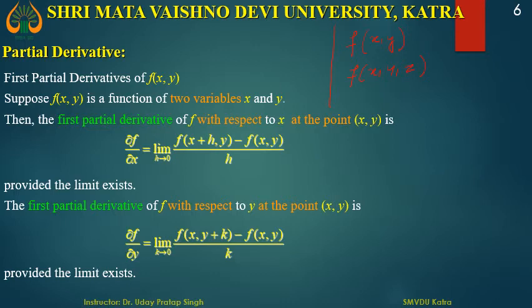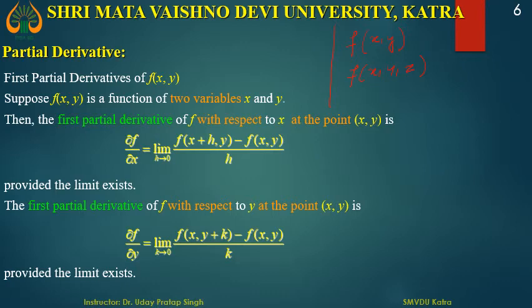Means partial derivative will occur where the function has two or more than two independent variables, right? If f of x, y is a function of two independent variables x and y, then we will define the first order derivative with respect to both independent variables, that is x and y also.